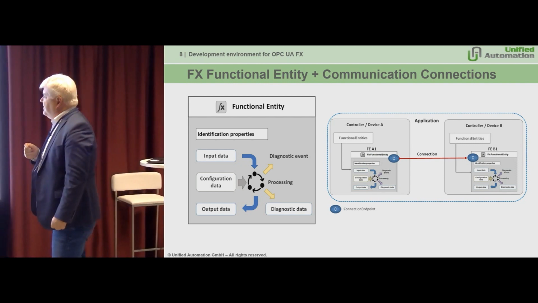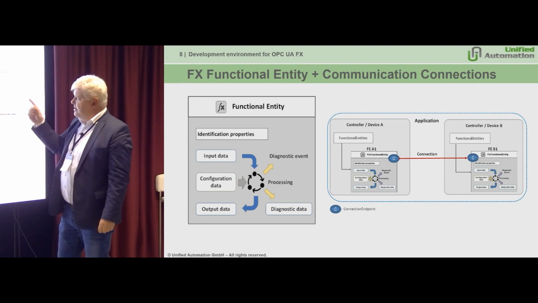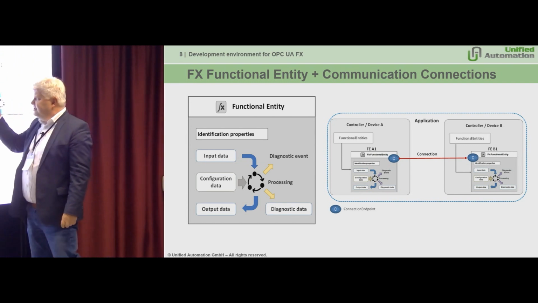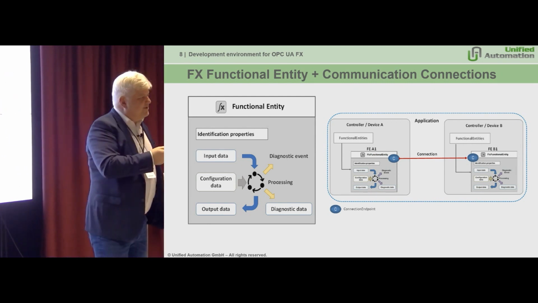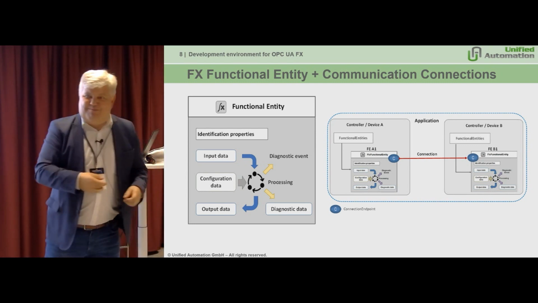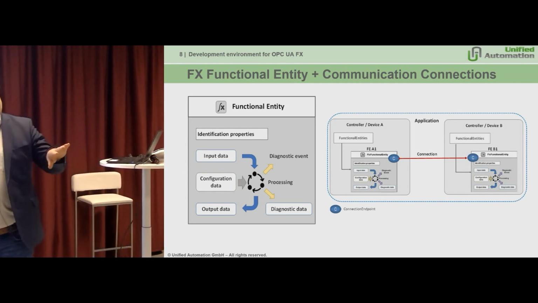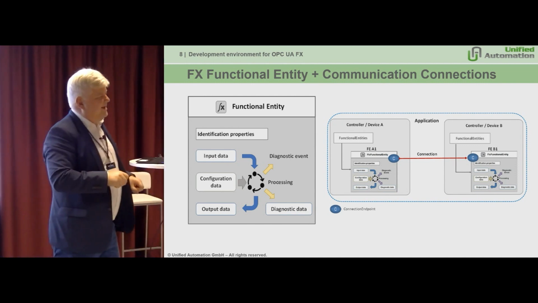So if you think of a logical connection, that's the crazy stuff: with client server, we have a close connection between client and server. With PubSub, we decoupled both applications, and with FX, we coupled them back again.